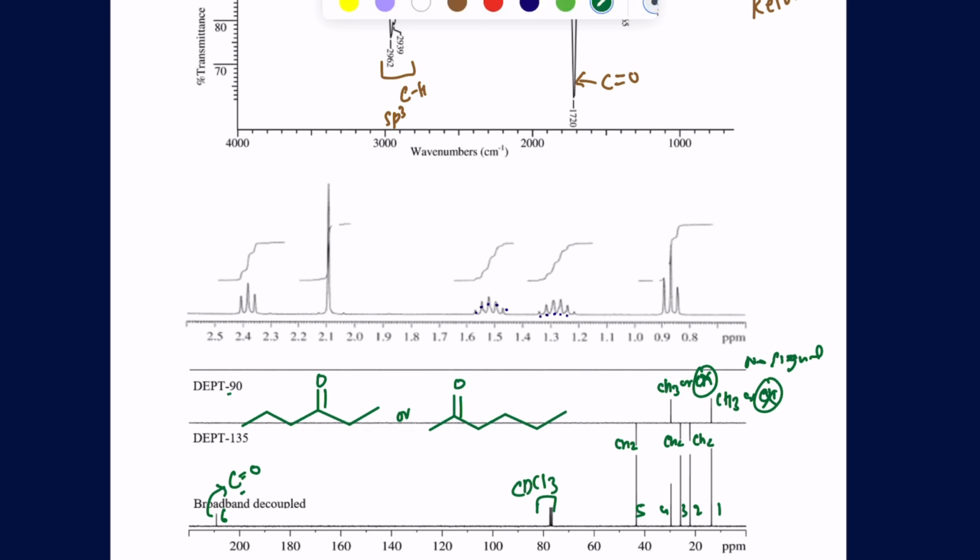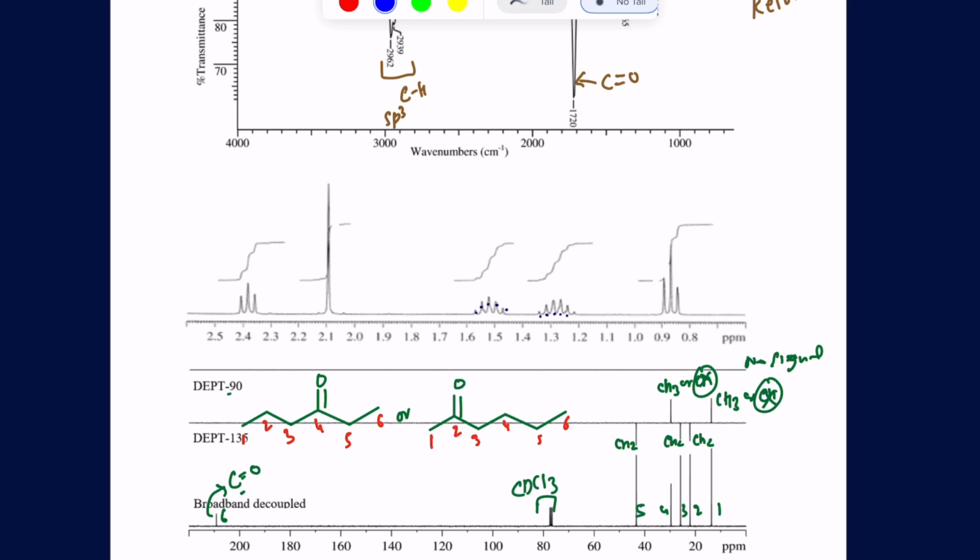That would be carbon 1, 2, 3, 4, 5, and 6. Same thing, 1, 2, 3, 4, 5, and 6. So the carbon NMR may not be able to tell you whether I have this one or that one.